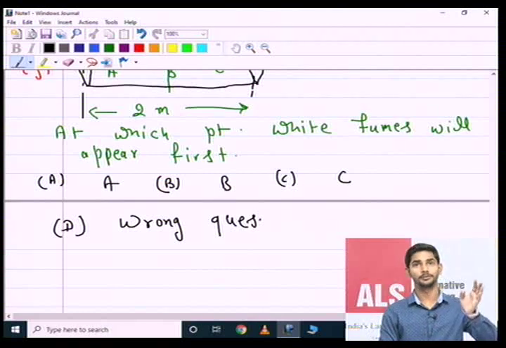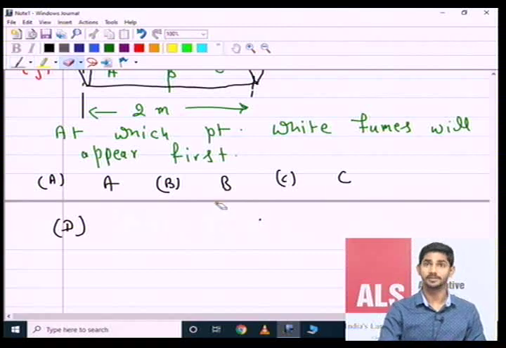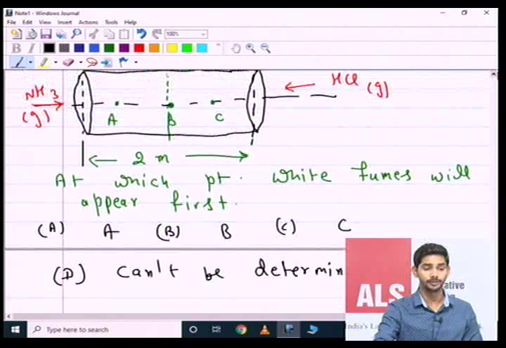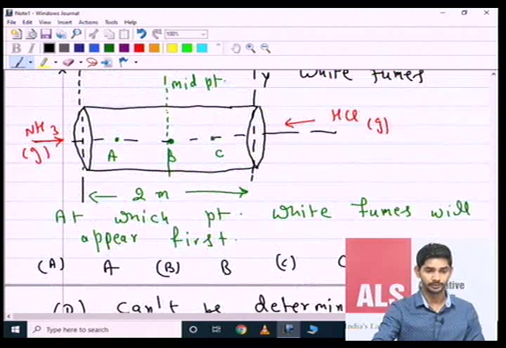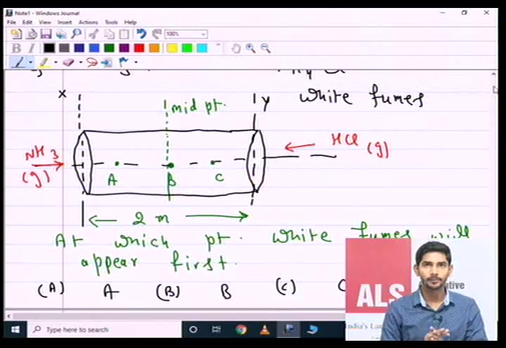I am sure that you won't get this option in the exam. Just kidding. The option is 'can't be determined.' And this is one of the most dangerous options ever. Can't be determined. One is not possible, the other one is can't be determined. Quite dangerous. 2 minutes for this question. Think about it and tell me the answer.